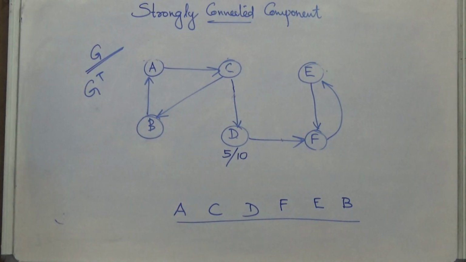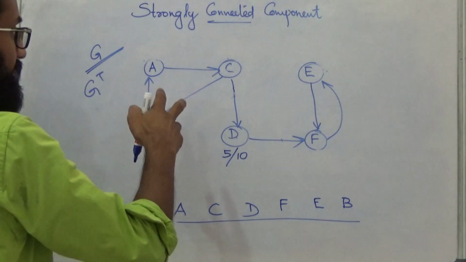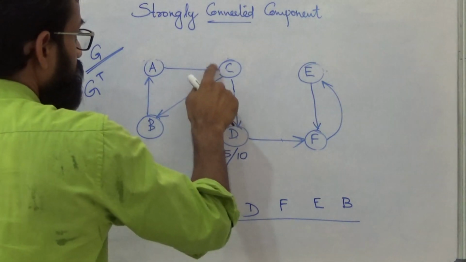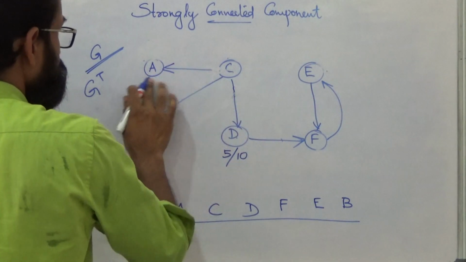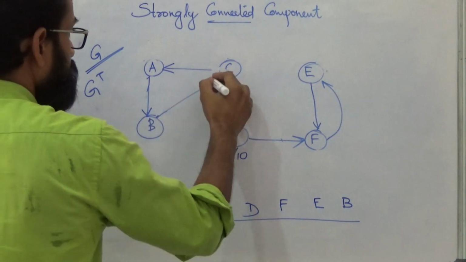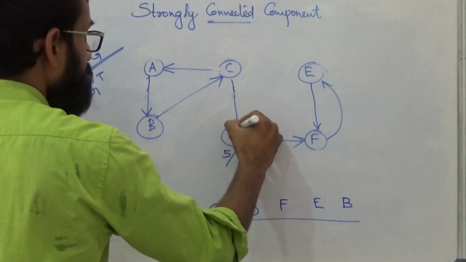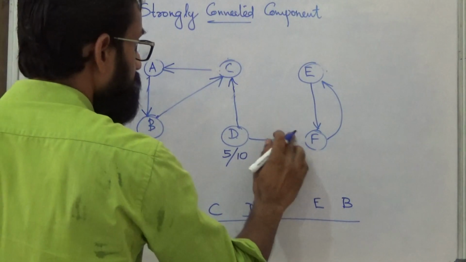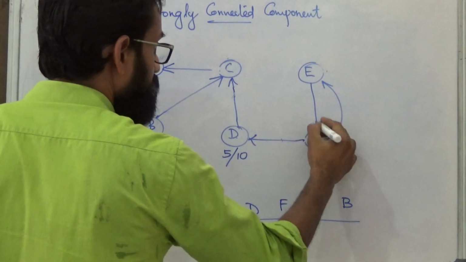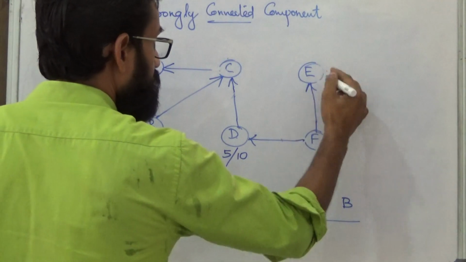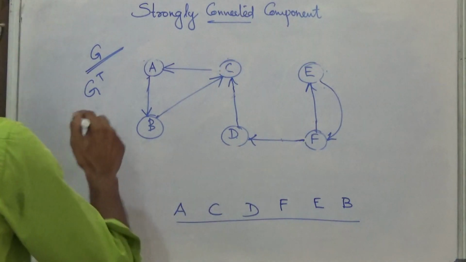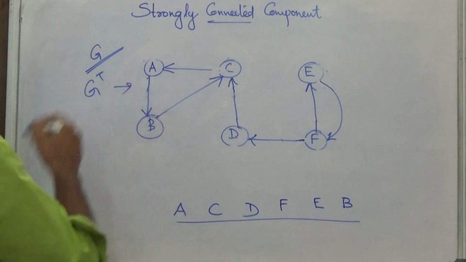G transpose is obtained by reversing the edges. So just invert the edges to obtain G transpose. This will get reversed and this will get reversed. So this will be the resultant graph. So this is G transpose.